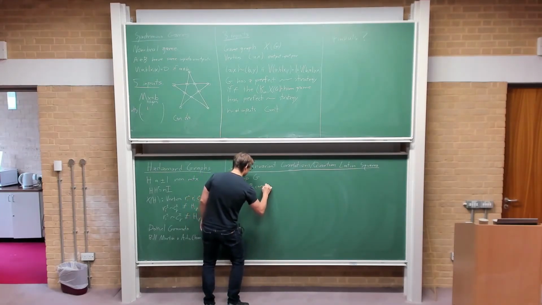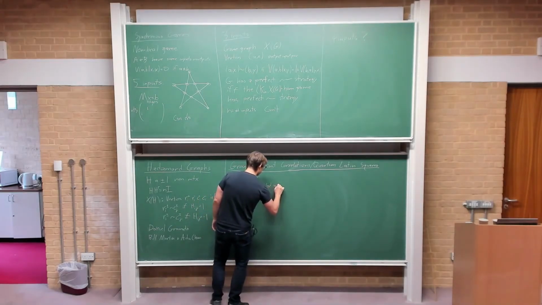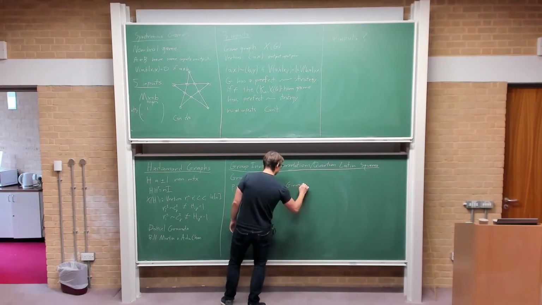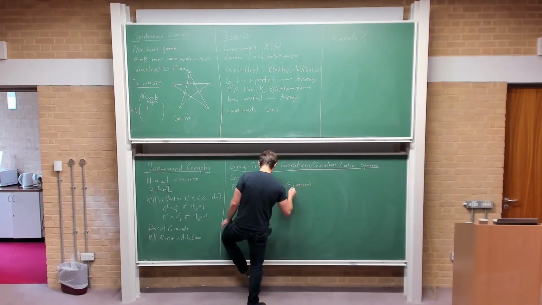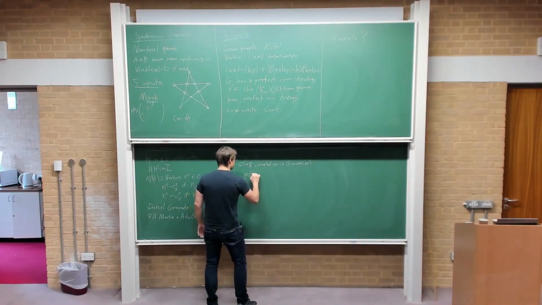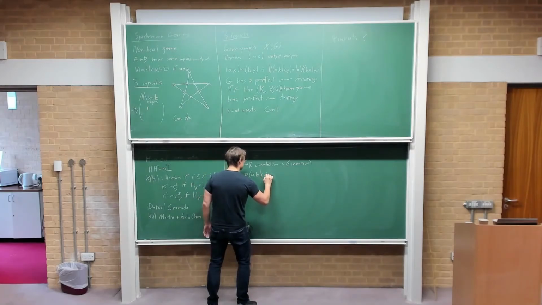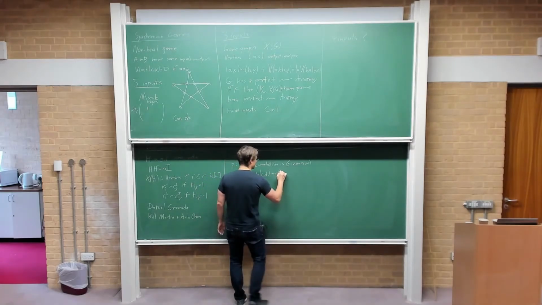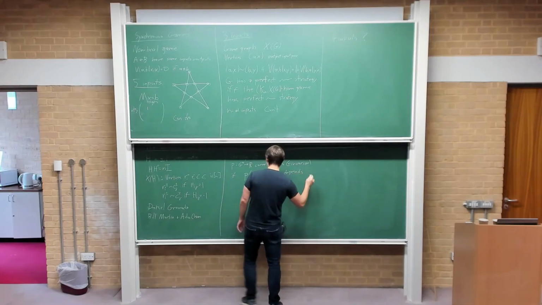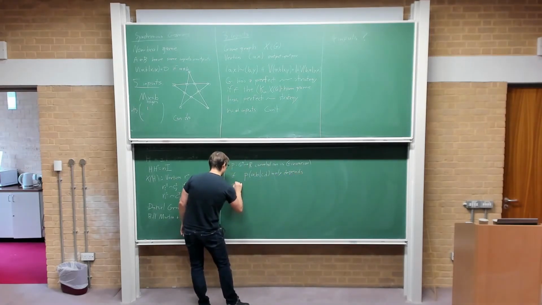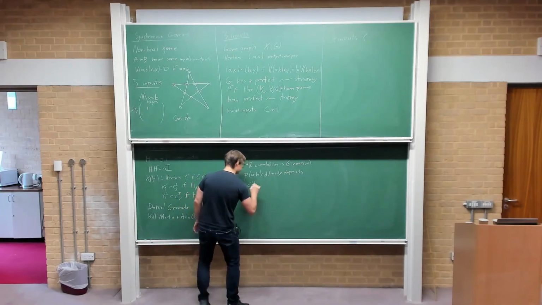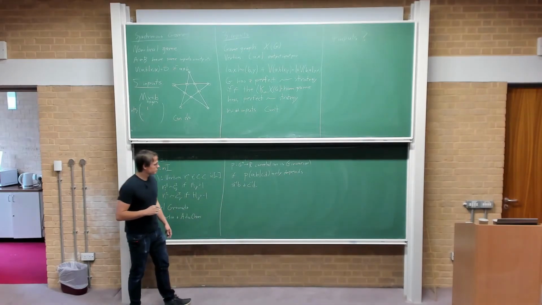A correlation is G invariant if this probability only depends on these two quotients, A inverse B and C inverse D.